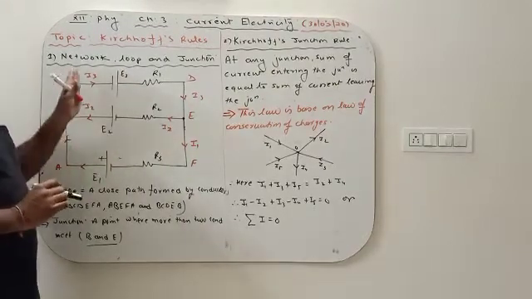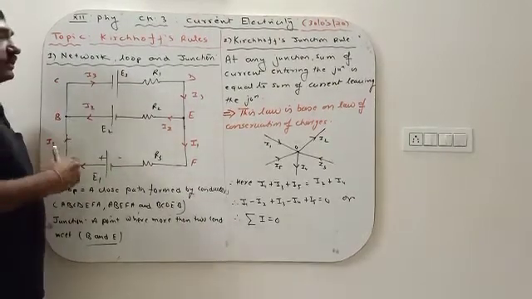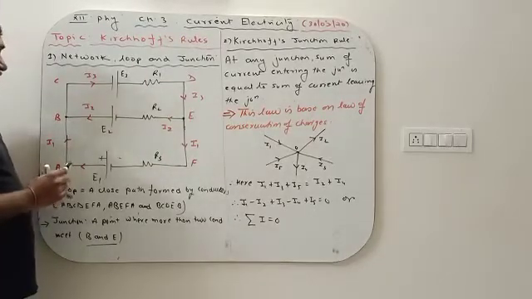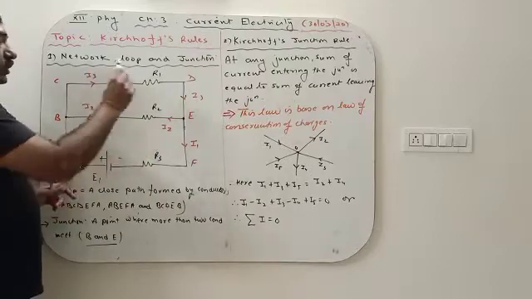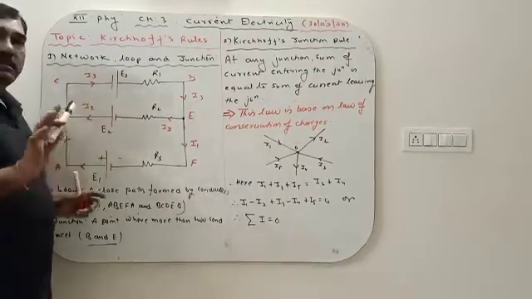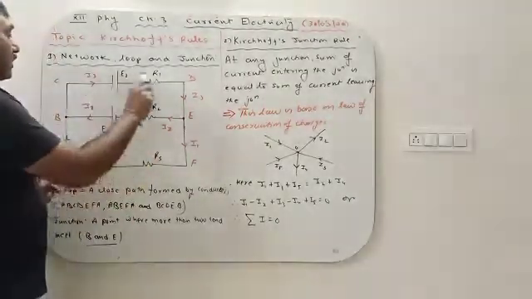That is known as network. In this network we have a closed path, for example, A, B, C, D, E, F, A. This is a closed path.